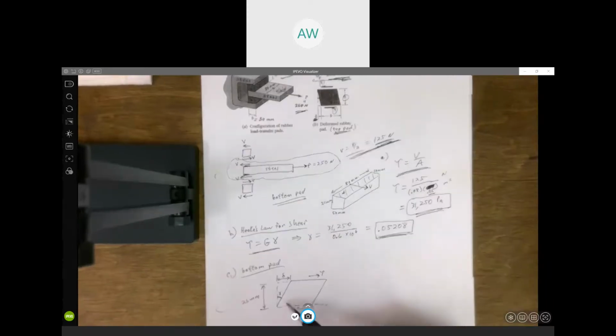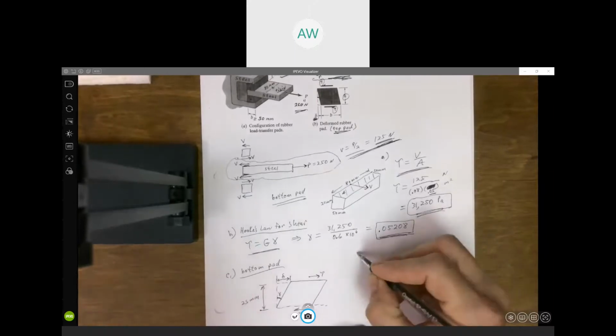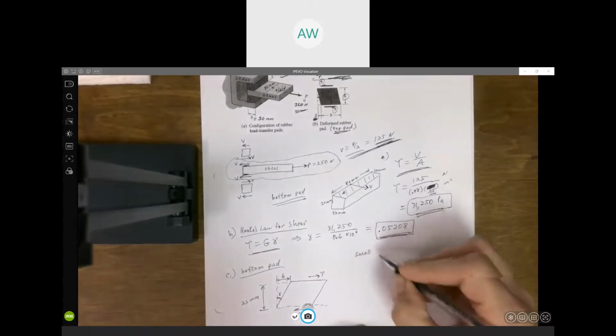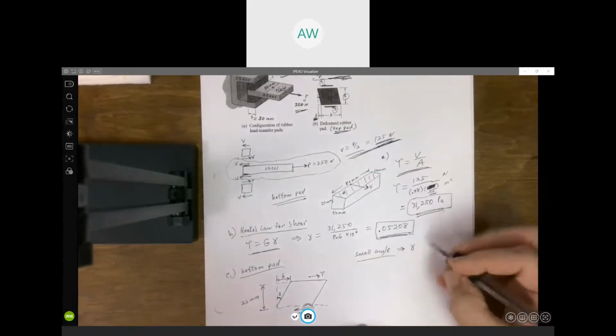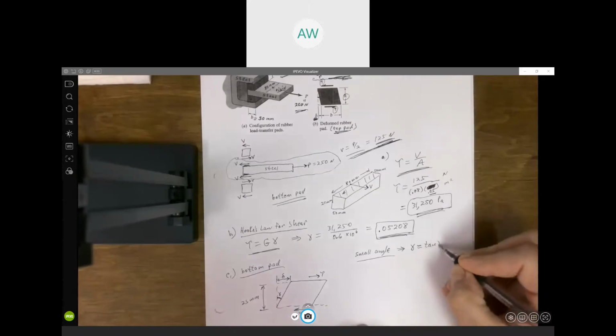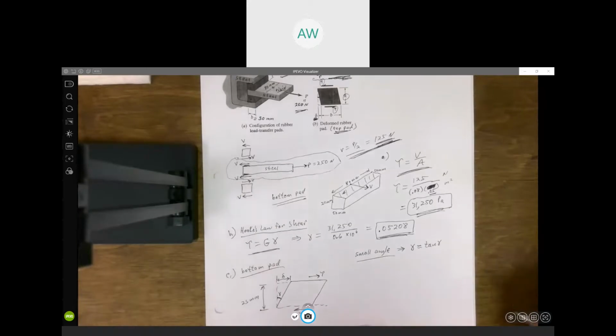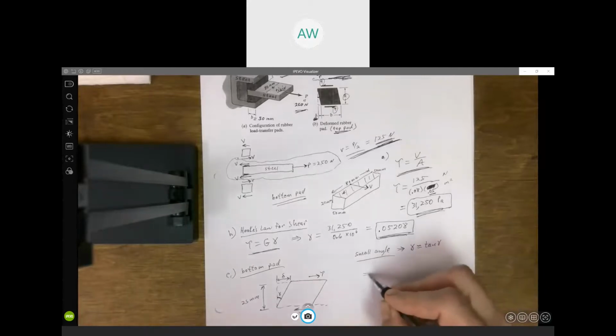So we're talking about a really small angle here. And I told you we could use this small angle approximation, and that is that this angle is essentially equal to tangent of that angle. So when we look at this right triangle here, tangent is opposite over adjacent.